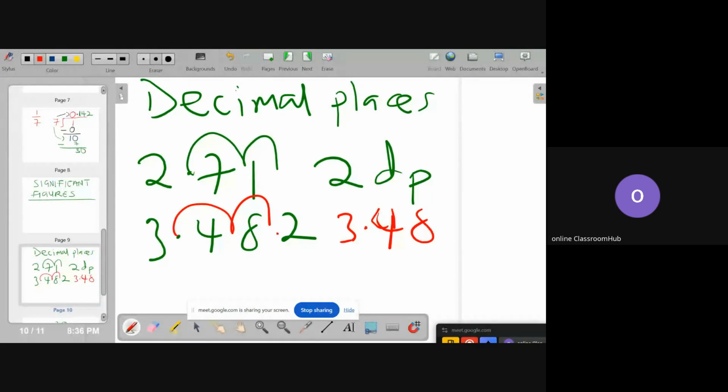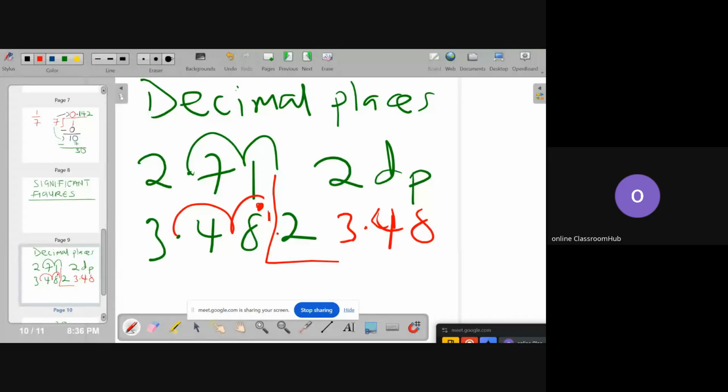But then you consider the number next to the decimal place required. 2 decimal places fall on the 8. So it means you are ending at the 8 and cut these ones away. But you consider the number that is right after the decimal place required. If it is 5 and more, you make it 1, then you add it to the decimal place. If it is less than 5, you throw it away. So in this case, 2 is less than 5, so we ignore.